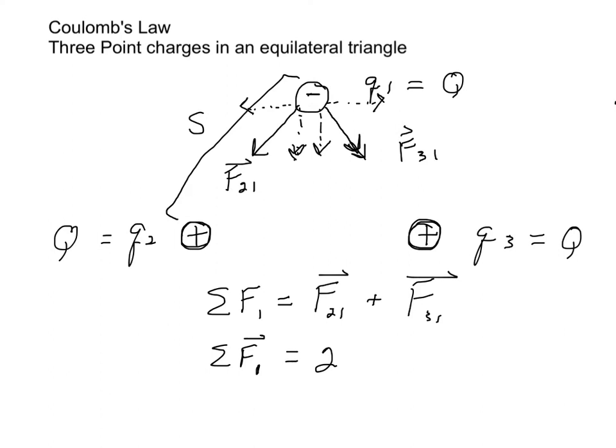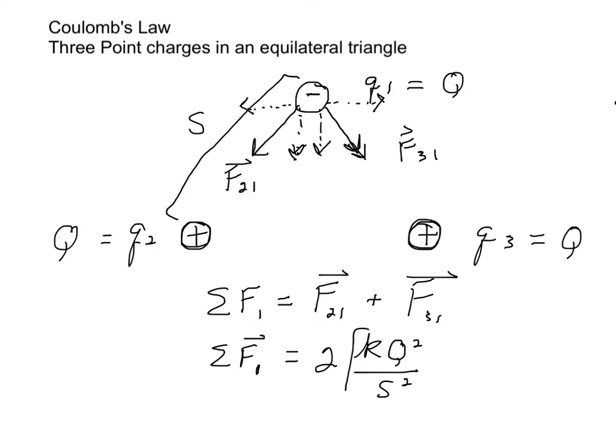And the y component, right? The vector itself, say F21, would be k Q1 Q2. In this case, because they're equal, that's Q squared. And the distance is the side of the triangle, so that's S squared.